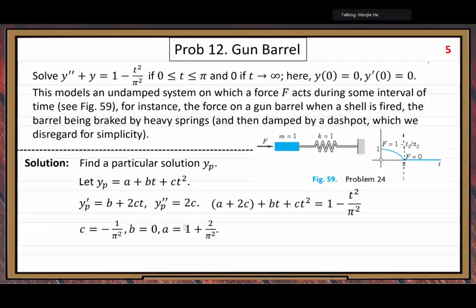Let me ask you another question. Based on our calculation result, B equals 0, can we say this B term is redundant? After calculation, B equals 0.